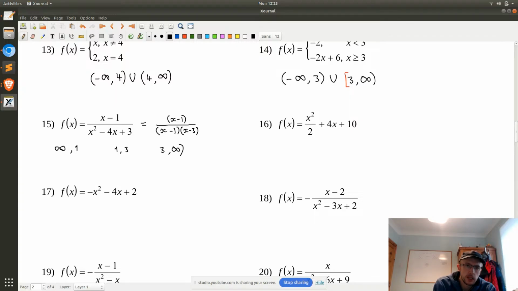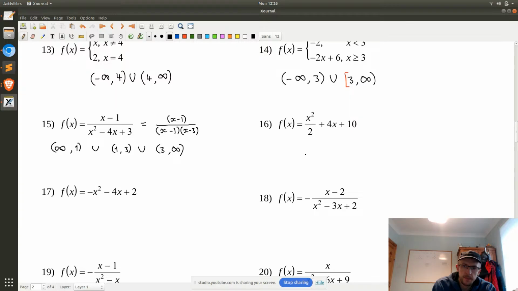Somehow, those will be open. But what happens for 1 and 3 themselves? Well, we can't input 1 and 3, so you must not include them at all. So I think that it's continuous for the union of these 3 open intervals here.